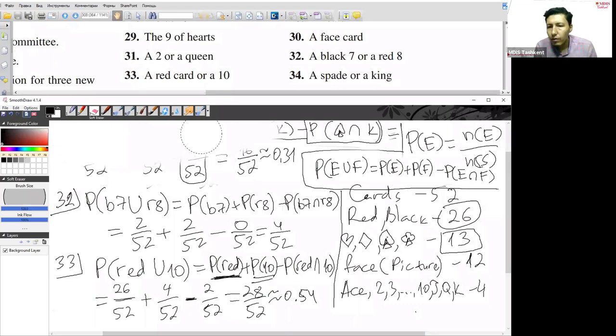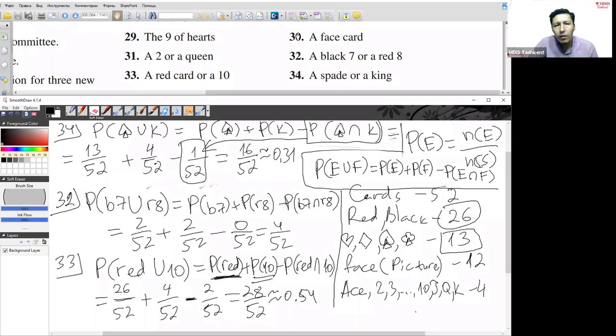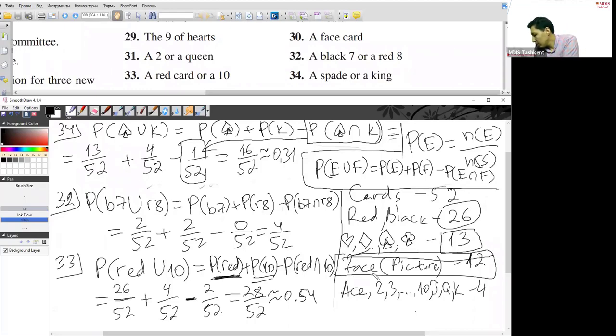How to solve example number 30. 30 is face cards. Here we have the numbers already. This one is a face card. Okay, let me show you. Face cards means queen.